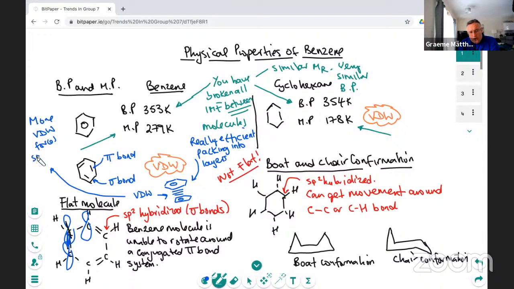So the overall effect is a stronger van der Waals force, all right?